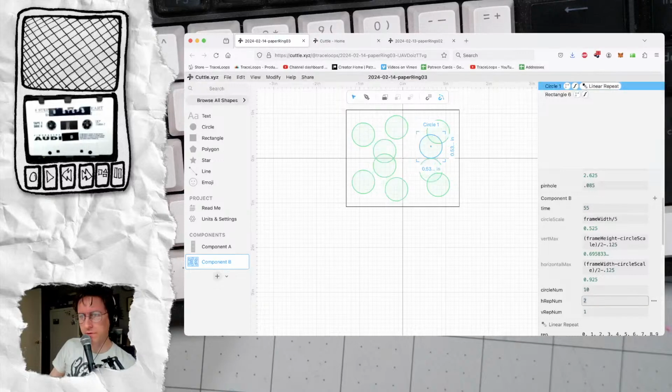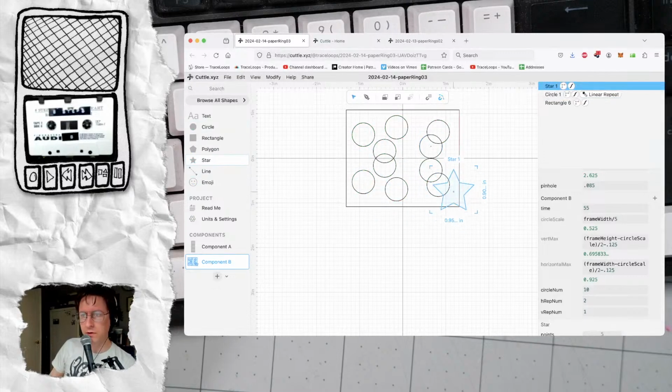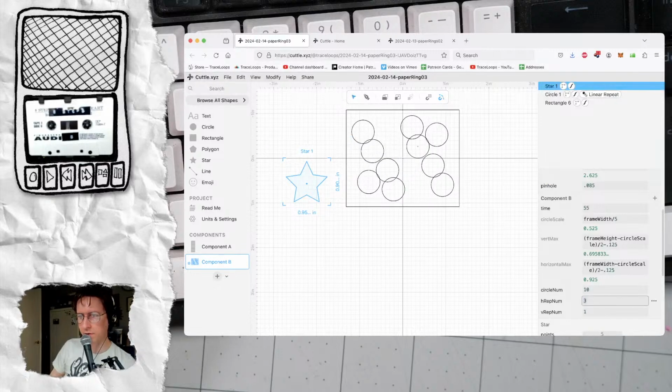So if this is 2, you can sort of follow. Here's the form. So it creates a figure 8.